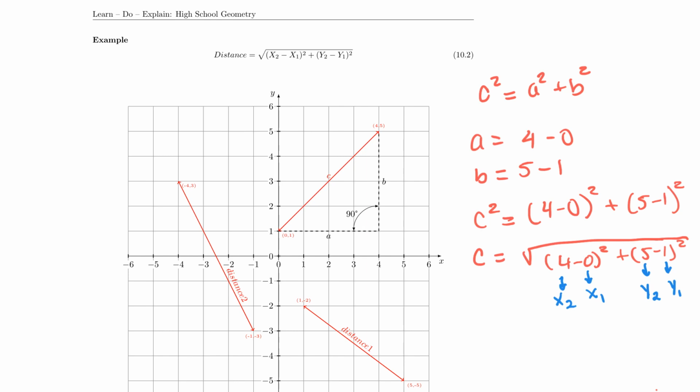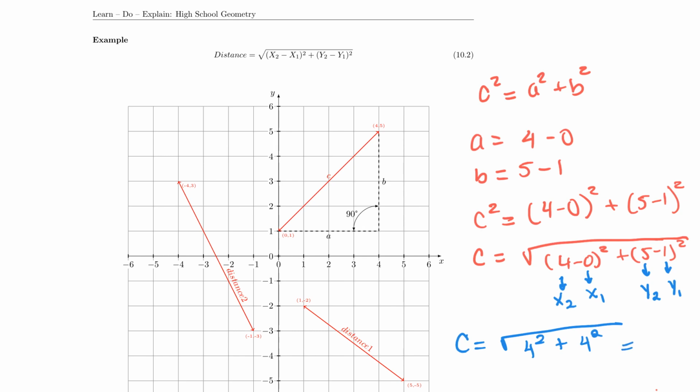So to solve the distance between these 2 points, we just solve the square root. C will be equal to the square root of 4 minus 0, which is 4 squared, plus 5 minus 1, which is 4, so 4 squared.